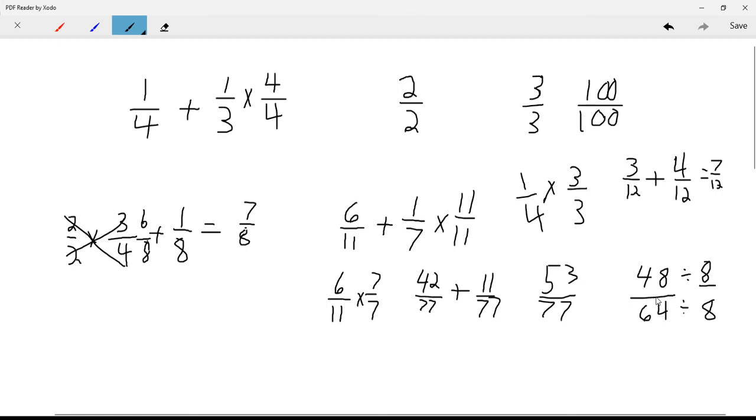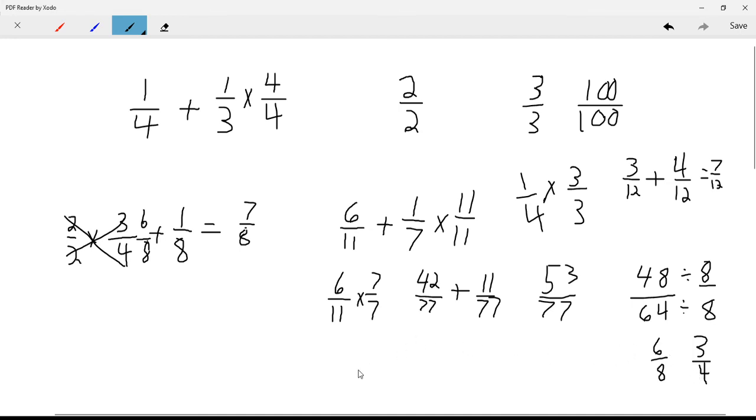And typically you want to give a reduced fraction. So this would actually be 6 over 8, and then you can reduce this even more because both are even, and we can divide both top and bottom by 2, and then it actually becomes 3/4.